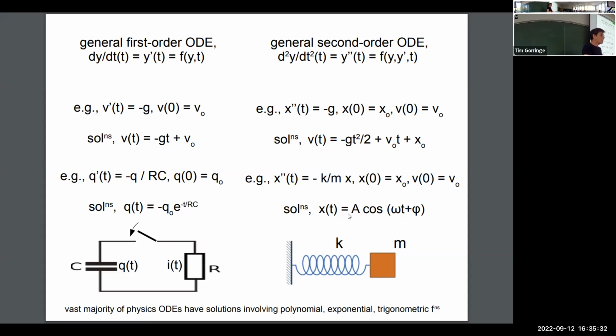And really, almost all the differential equations we'll meet have some sort of combination of polynomial, exponential, and trigonometric solutions. So we're really trying to cover that whole space of solutions to differential equations.